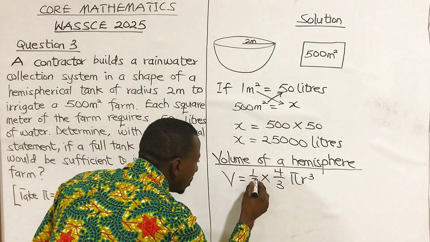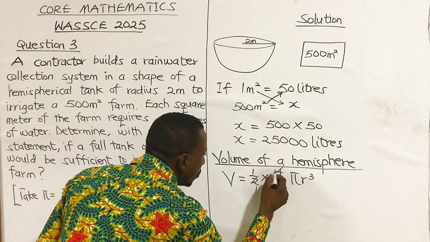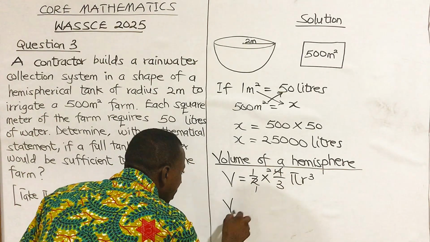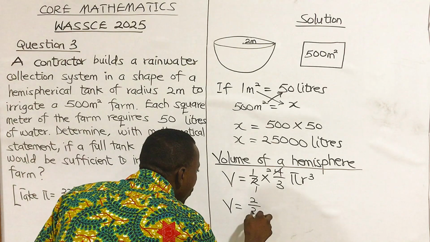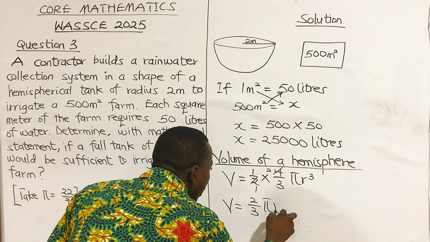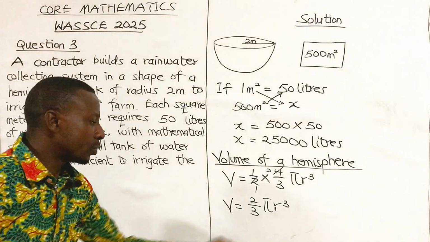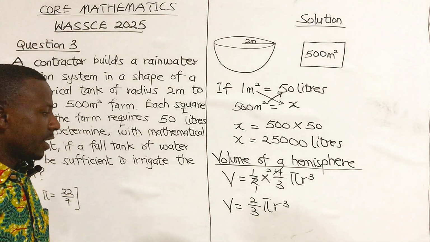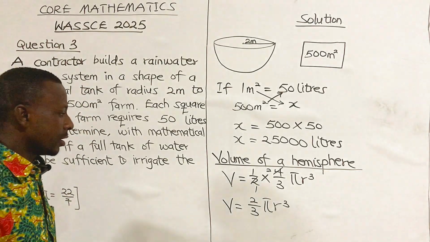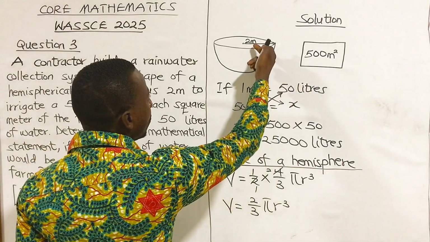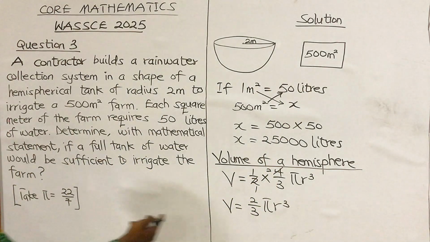So from here, 2 goes here 1, 2 goes here 2. So basically, we are getting 2 over 3 pi r cubed. So this will be the volume of the hemisphere. So now we are going to make substitution of the radius as well as the pi.